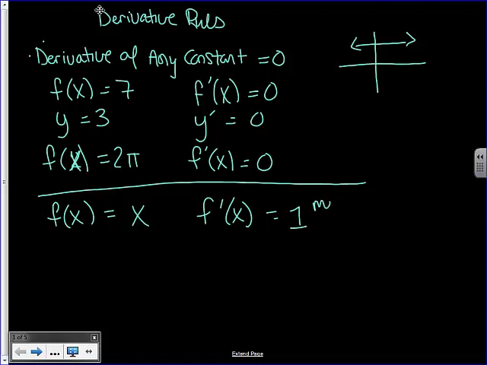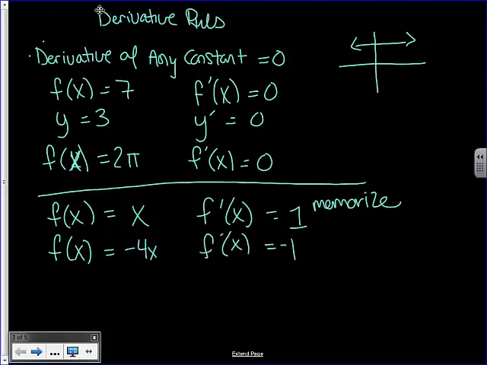Memorize that. And therefore, by the same token, if I give you f of x and tell you it's negative 4x, I want the derivative. Well, that derivative is negative 4, because that x just becomes a 1.